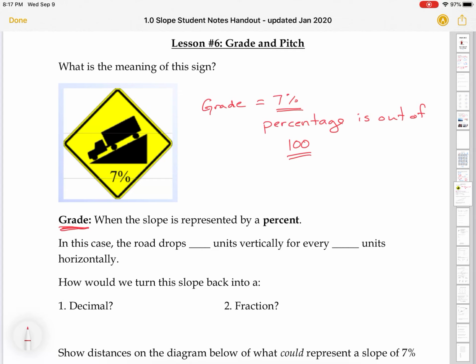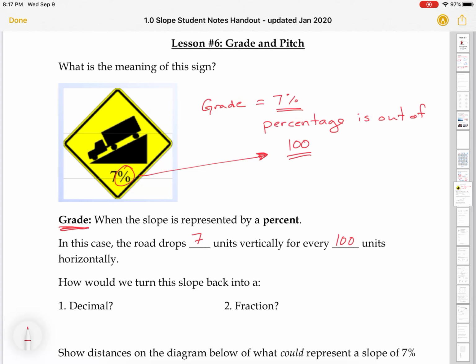So if you get 7% in a course, the most you could have got was 100. So you get 7 out of 100. Hopefully that doesn't happen to anyone in this class. So in this case, what this means is that the road drops 7 units vertically for every 100 units, because it's out of 100. When you see that percentage sign, think 100. Okay?